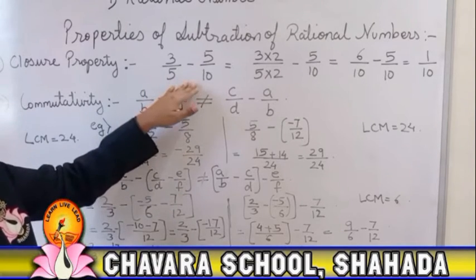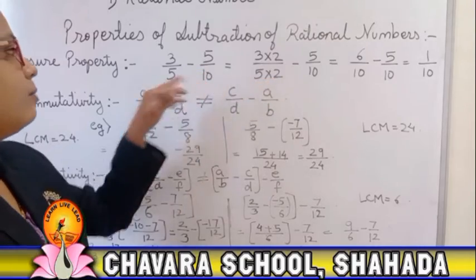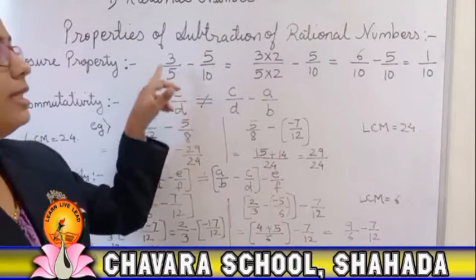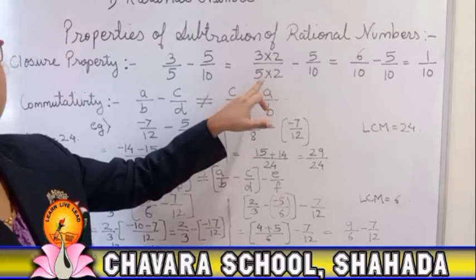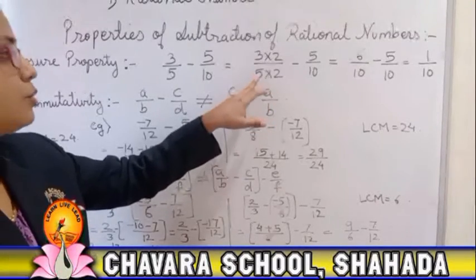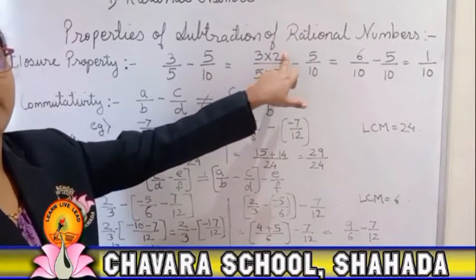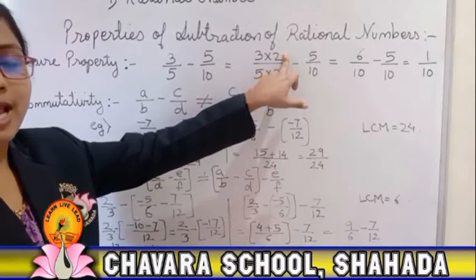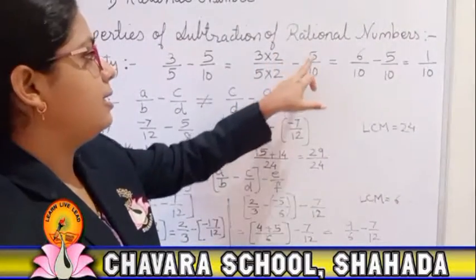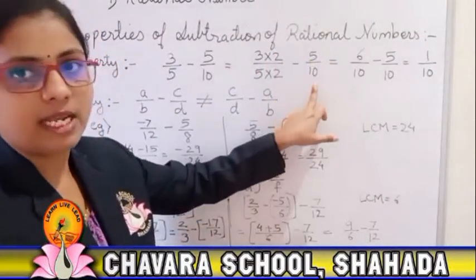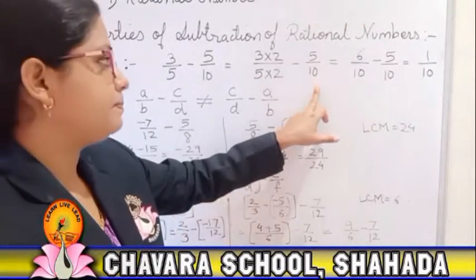What number do we multiply with 5 so that we get 10? We will multiply by 2. Same way we multiply the numerator, as we have studied in fractions already. And then 5 upon 10 will remain as it is, because it already has the denominator 10.